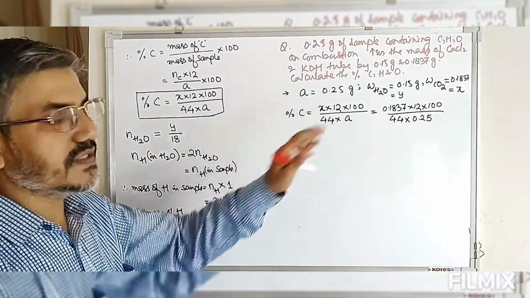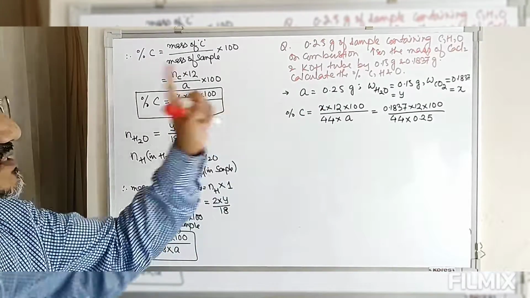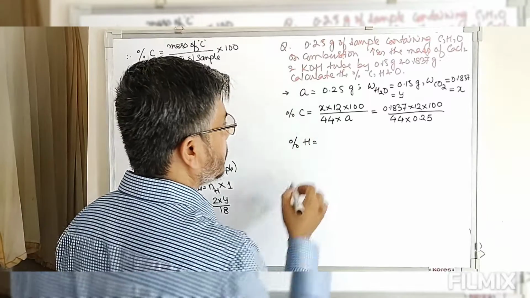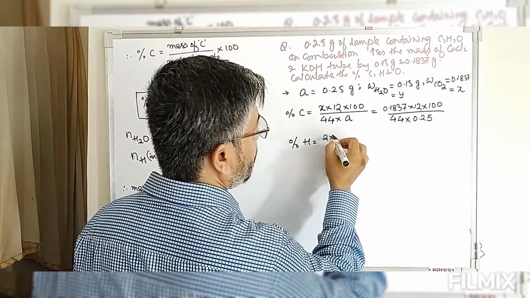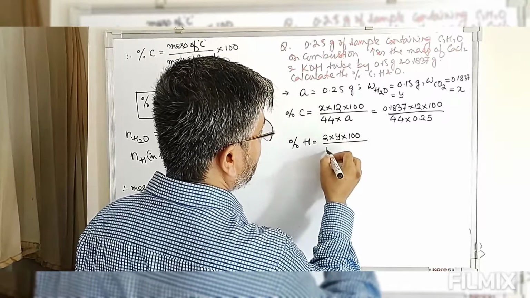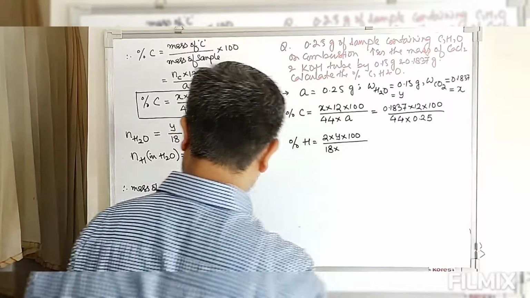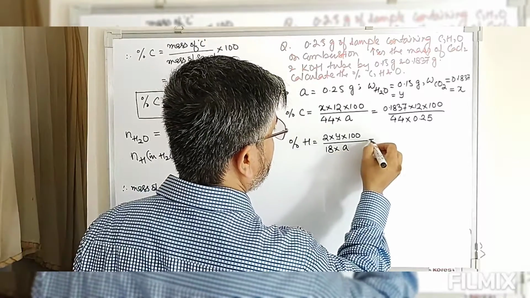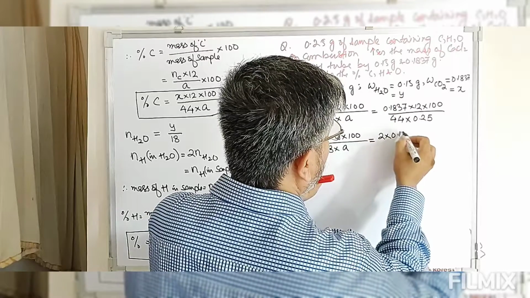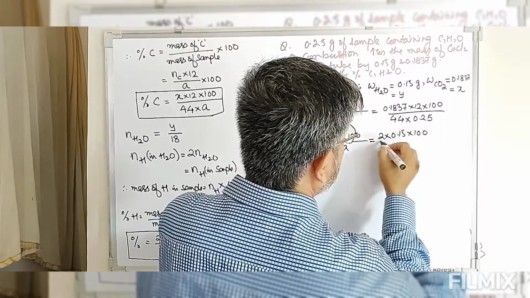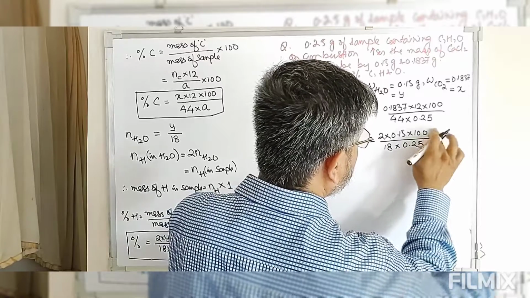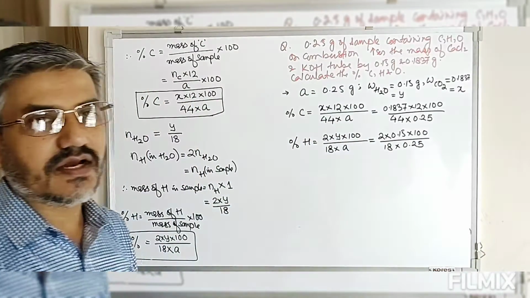This gives you the percentage of carbon for this analysis. Then the percentage of hydrogen is 2 times the mass of water formed into 100, divided by the molar mass of water into the mass of sample taken. So that is 0.15 into 100, divided by 18 into 0.25. This gives you the percentage of carbon and hydrogen.